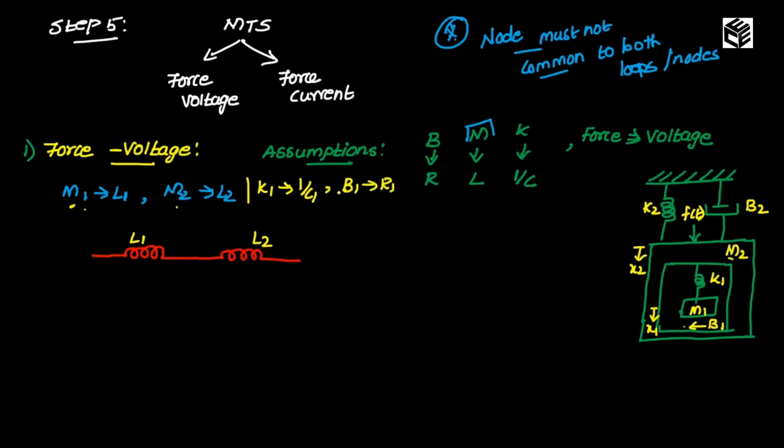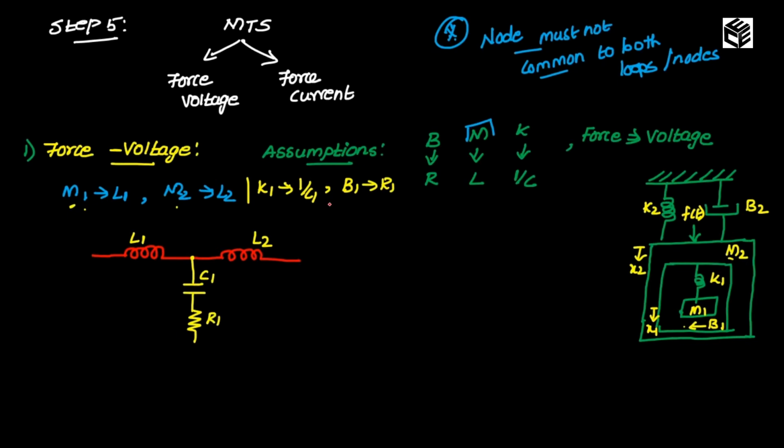So these two are connected common to M1 and M2. To the nodes, that is L1 and L2, we have the common point this. So to this point, I am connecting the C1 and R1 in series. That is, I am connecting like this. So this is our C1 and this is our R1. Understood? So this is over.